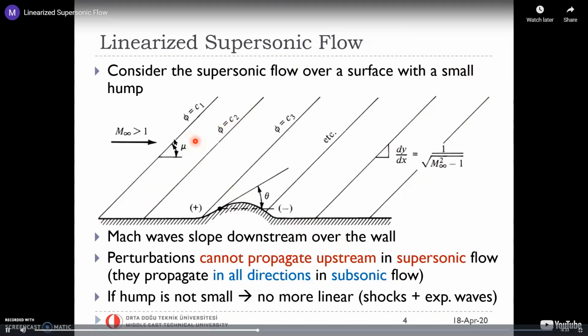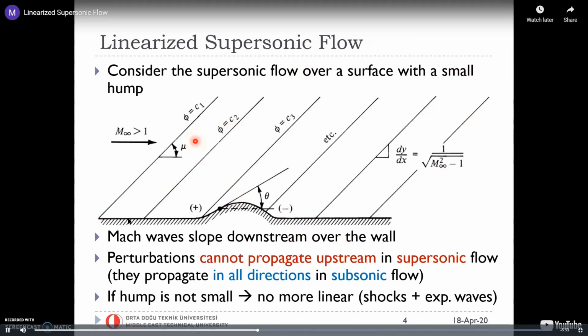This line is a Mach wave, and it is oriented at a certain angle mu, and dy/dx is equal to 1 over the square root of M infinity squared minus 1. So it does have a positive slope, inclined back like this. So they are indeed like that. But what do we mean by Mach waves?